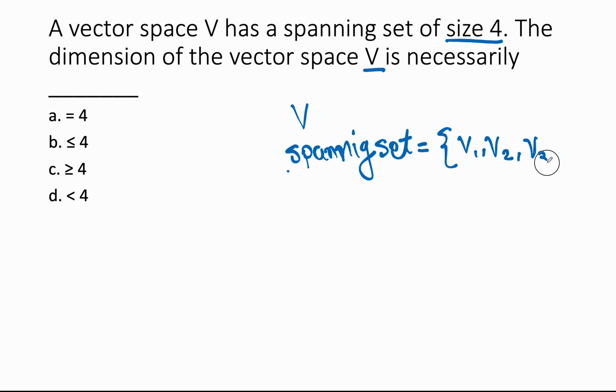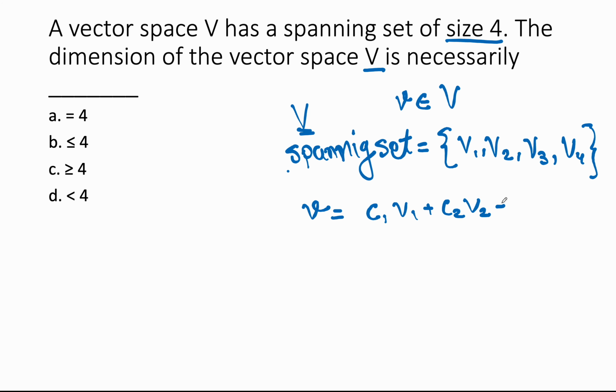Let's say V1, V2, V3 and V4, these are the 4 vectors, they form the vector space V. So let's say some vector V belongs to the vector space V. That can be written as C1 V1 plus C2 V2, C3 V3 and C4 V4. Okay, the dimension of the vector space V is necessarily.